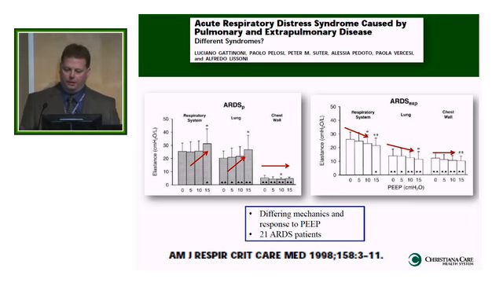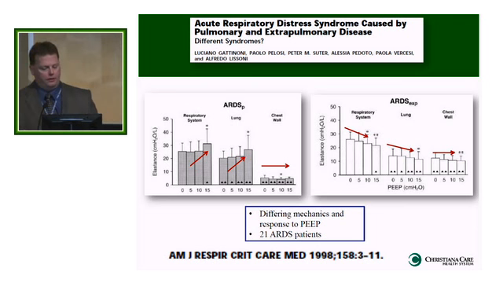Now as you take the extrapulmonary patients and you add PEEP from 0 up to 15 stepwise, you see the respiratory system compliance. It says elastance, but think of that as the opposite of compliance. Their compliance gets better. Their lungs are more compliant, and their chest wall actually has a little bit of movement as well in the more compliant range there.